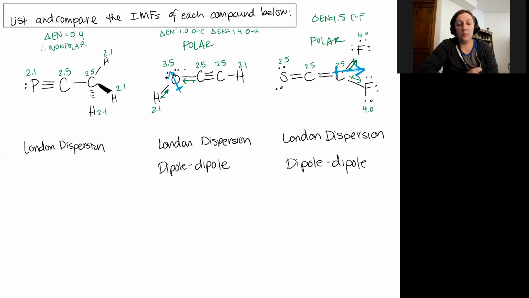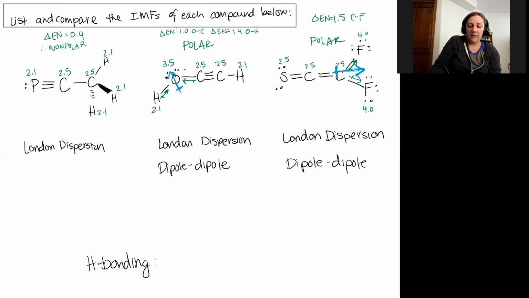All right, the last one we're going to evaluate is hydrogen bonding. Remember, hydrogen bonding requires within the molecule itself a fluorine-hydrogen bond, oxygen-hydrogen bond, or a nitrogen-hydrogen bond. And so let's look at each of these molecules for one of those 3 types of bonds.